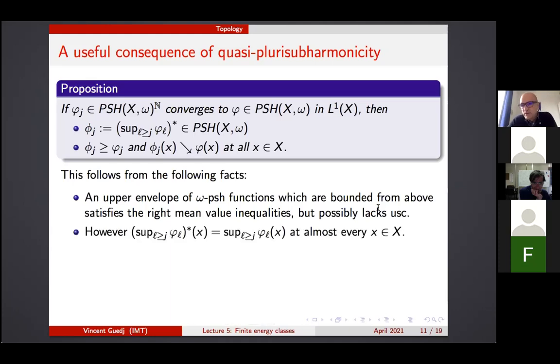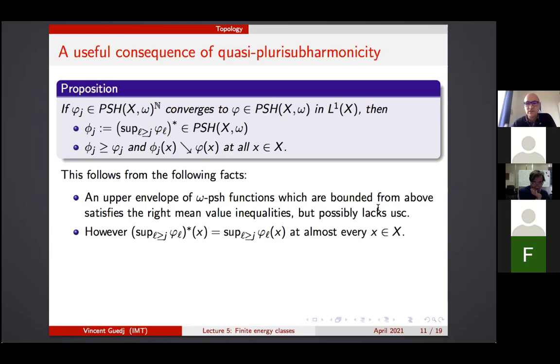But actually, the lack of upper semi-continuity is only at a few places, and at least we can say that the equality holds. So between the supremum and the upper semi-continuous version of the supremum, this equality holds at almost every x.